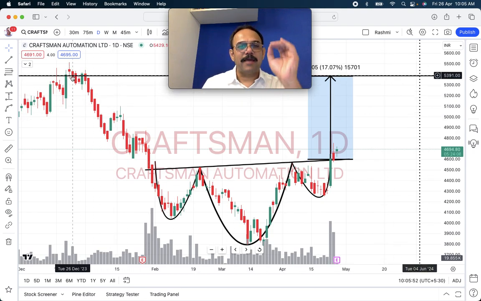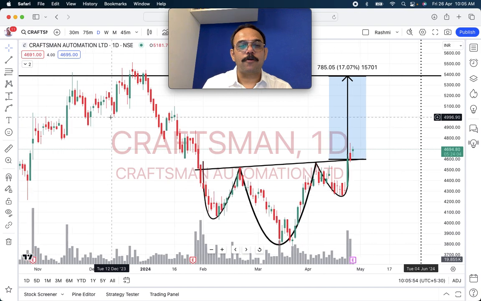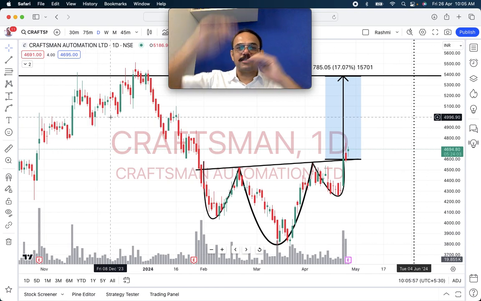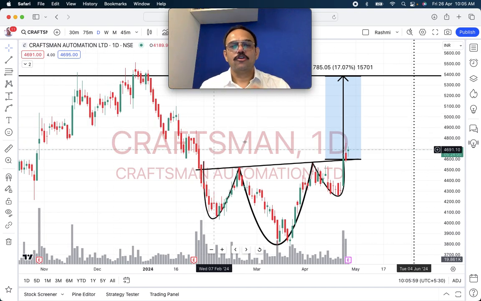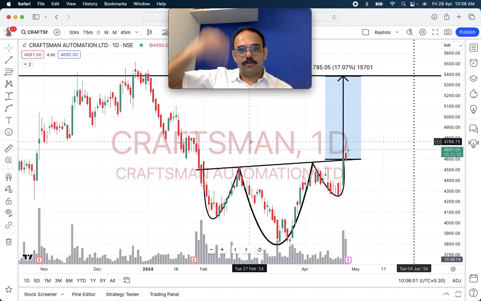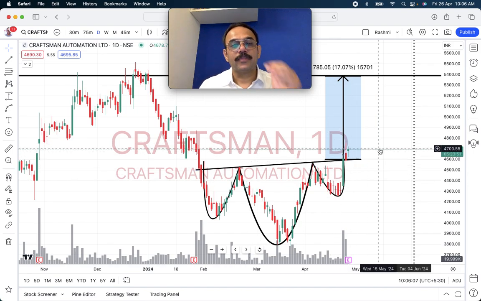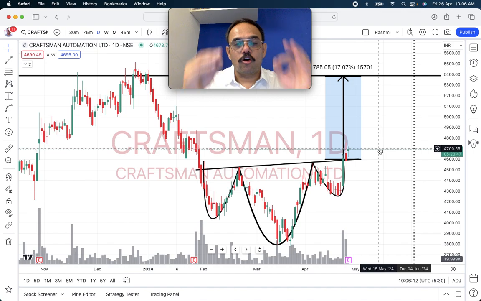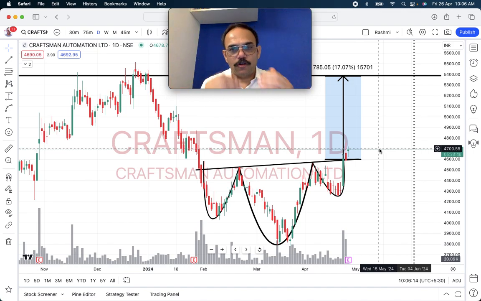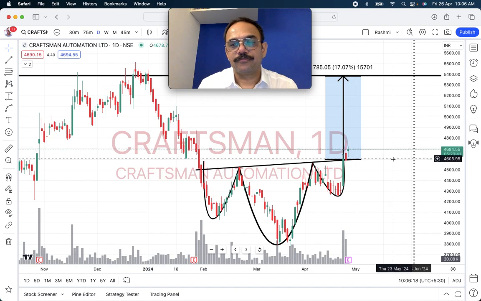This line is matching with the previous top of Craftsman, that is the resistance level from where it came down. So if it is taking a turn around with the head and shoulder, again it is likely to reach till its resistance level. If our target and resistance are matching, that is also one more confirmation that what we are looking at has got a high significance.